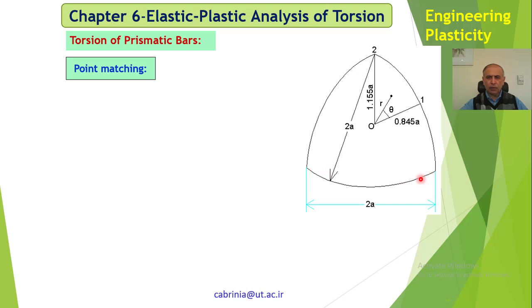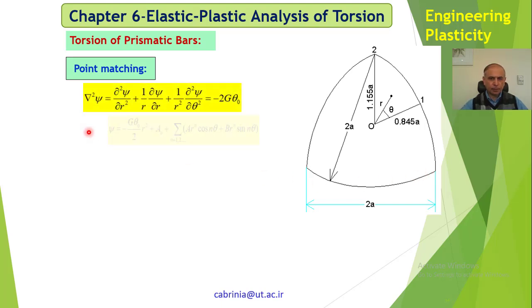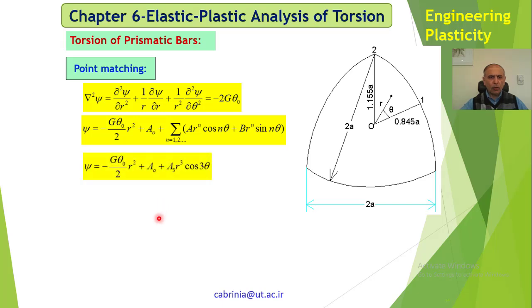This is some kind of circular section. Using psi equal to this kind of function, we could get up to the third degree. If we use, we get this kind of function.